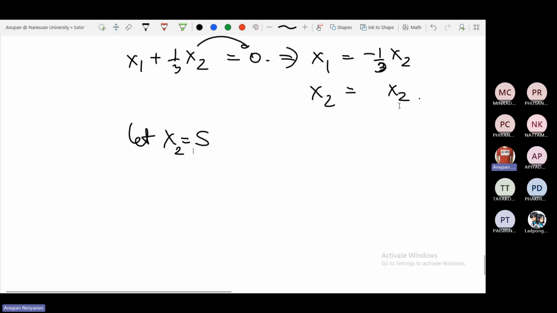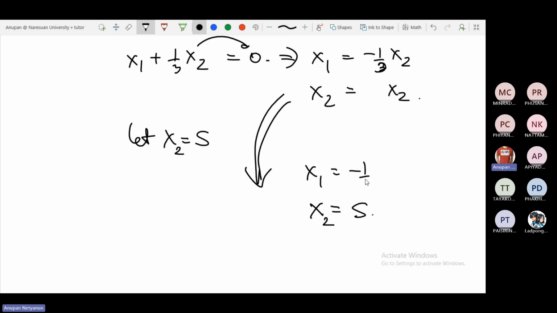So x2 equals s, then x1 is negative 1/3 times s. Then you see that s is a common factor, so you can pull s out. When you pull s out, you have negative 1/3, and then 0. Let me write this as a column matrix.